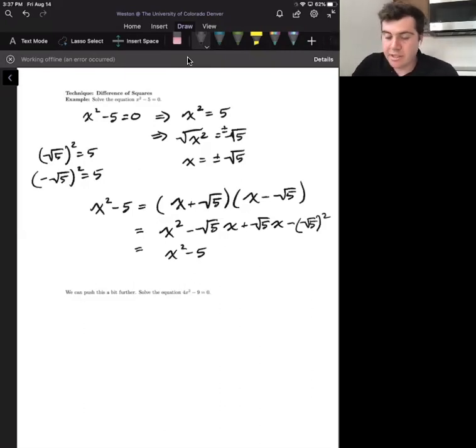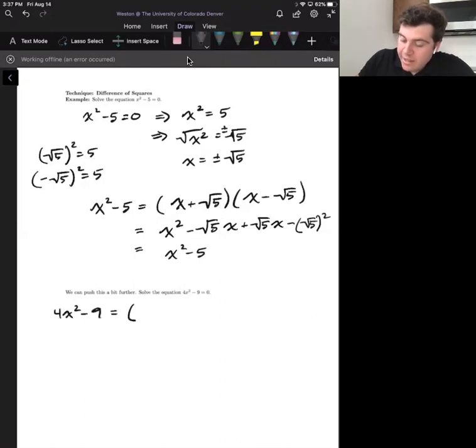And we can actually push this a little bit further and take it to the case where the x squared does not have a leading coefficient of 1, but has the leading coefficient of a constant. And it's going to follow the same pattern where we take 4x squared minus 9.